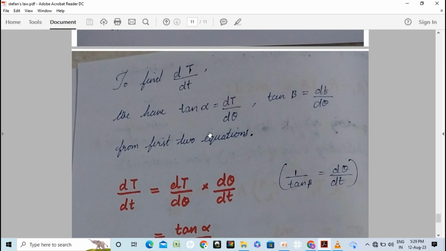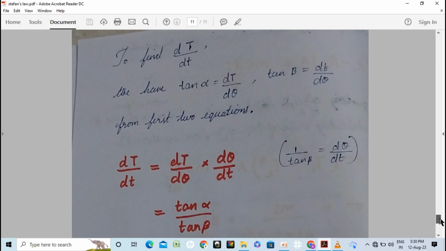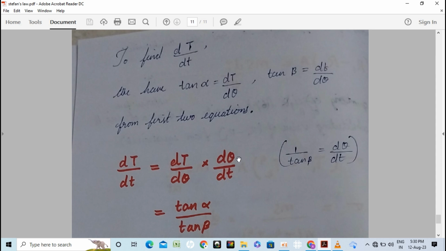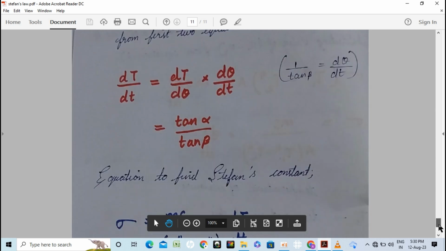From the first two equations, dT by dt can be written as dT by d theta times d theta by dt. Now we know what dT by d theta is. This is tan alpha. Now d theta by dt is 1 by tan beta, since tan beta is equal to dt by d theta. So this is tan alpha by tan beta.